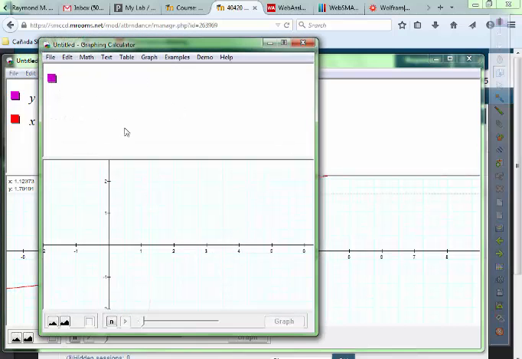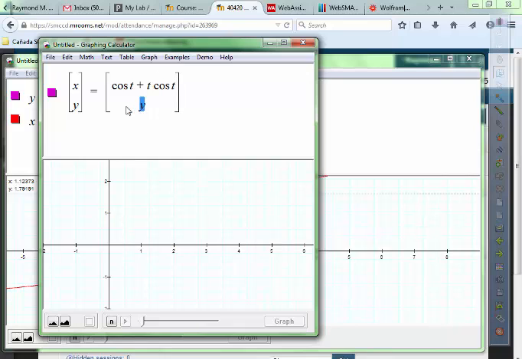Another thing this is good for is that you can actually graph parametric curves. So this graphs this parametric curve, but it gives this limit of 0 to 1.